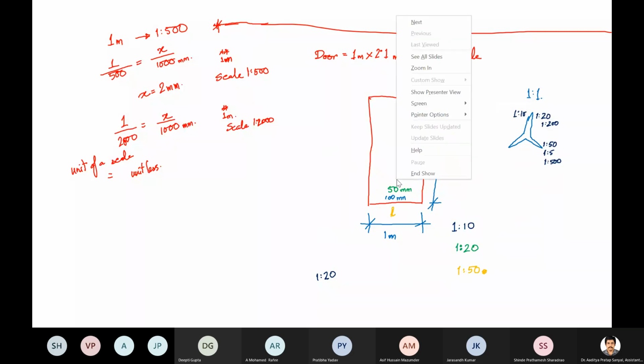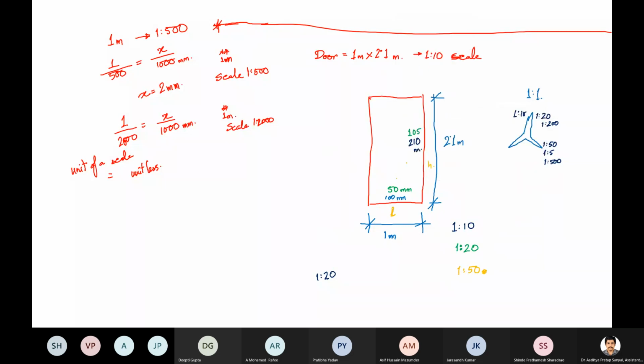How much will it be? L will be... Dipti, you there? Tell me.